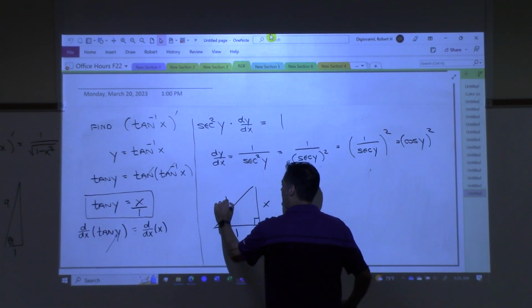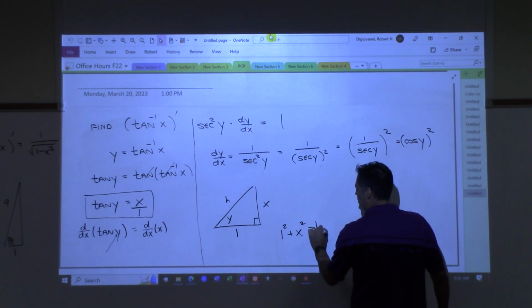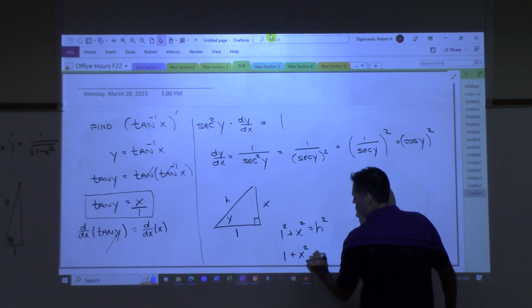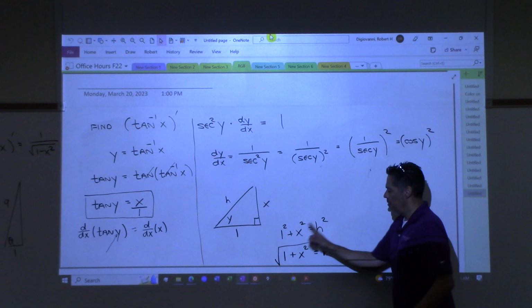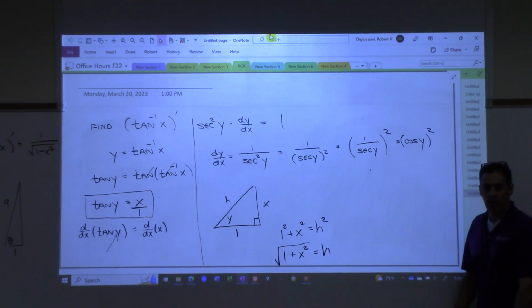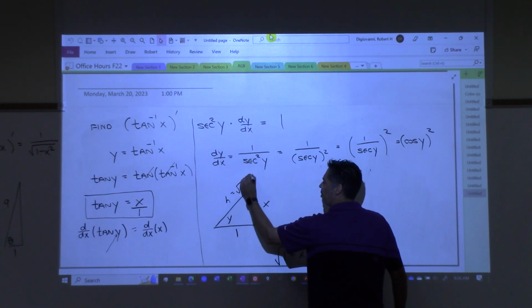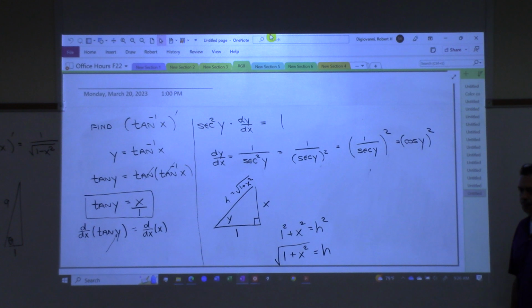So I can call this h, and then I know that 1 squared plus x squared equals h squared. If you square the 1, you get 1. If you square the x, it's just x squared. Then you take the square root on both sides, and you get the square root of 1 plus x squared. That goes here. Questions?